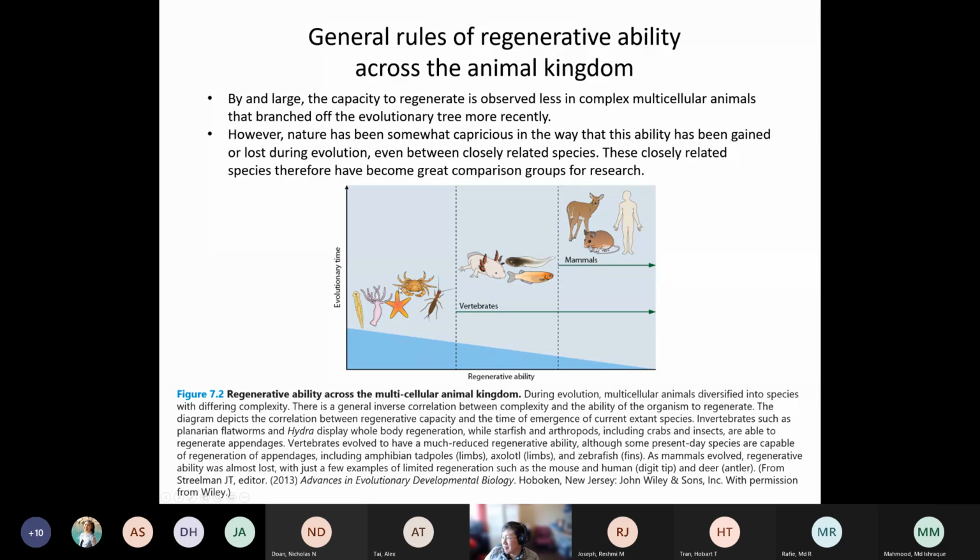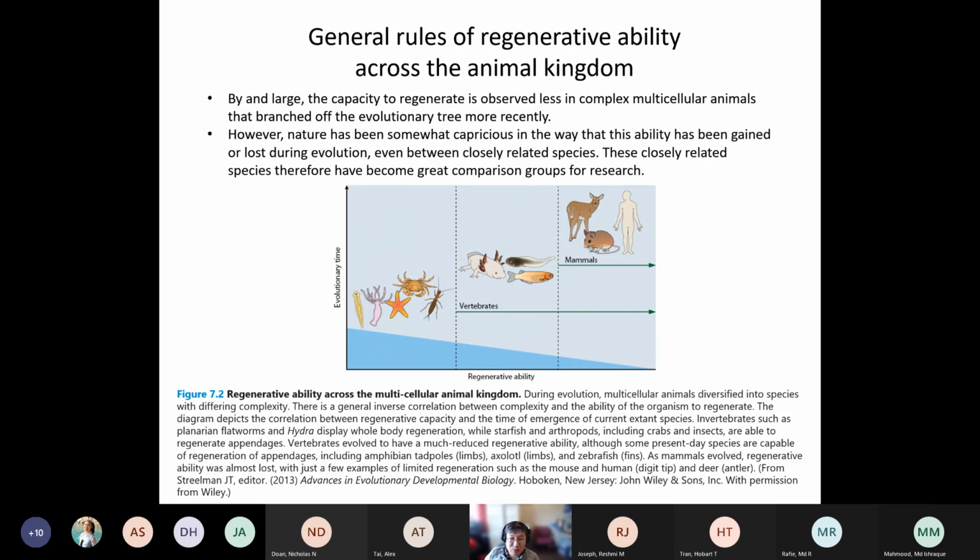And some of these have really, really great regenerative power, such as this flatworm. The flatworm is kind of immortal. They will never die. You can cut them to pieces. The more pieces you cut them into, the more individuals you're going to get.